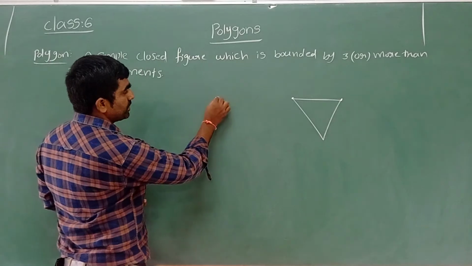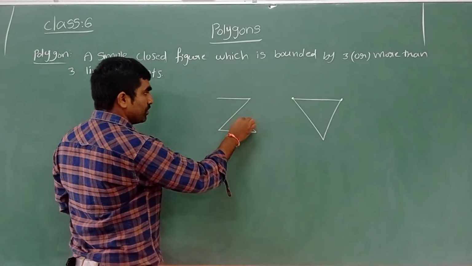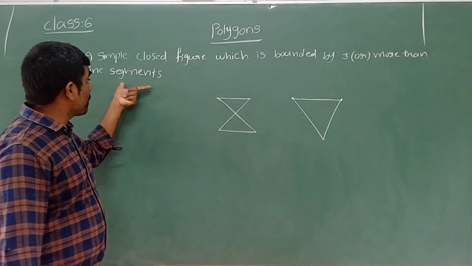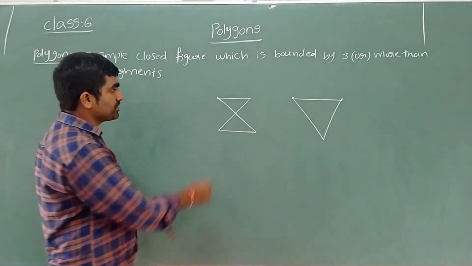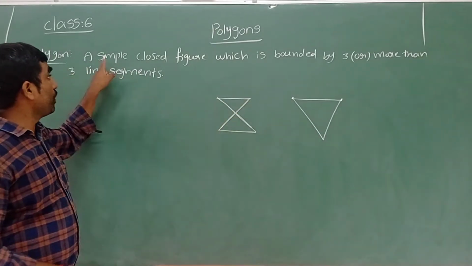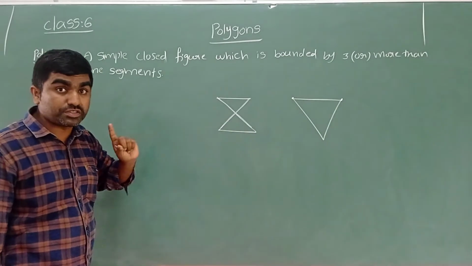Let me take one example. One line segment, two, three, four line segments. It is a closed figure and also bounded by line segments, but we can see the lines are crossing themselves. It is not a simple closed figure. It is only a closed figure, but it is not simple.